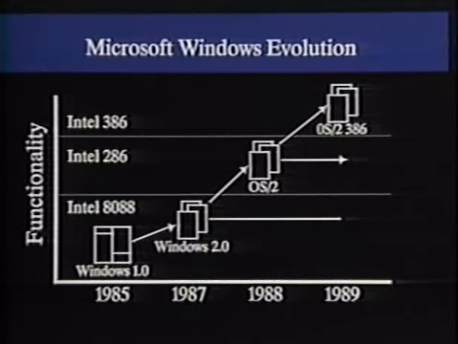Here are the different Windows products with a timeline. The key point in this slide is that none of these products, except for Microsoft Windows version 1.0, disappears. We expect that Windows 2.0 and that OS2 will continue to survive, that they will coexist.